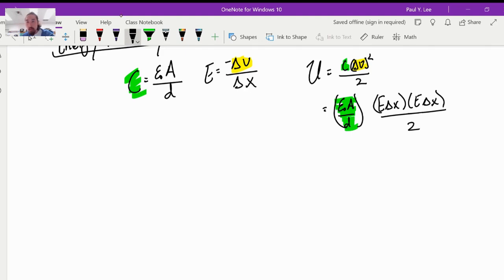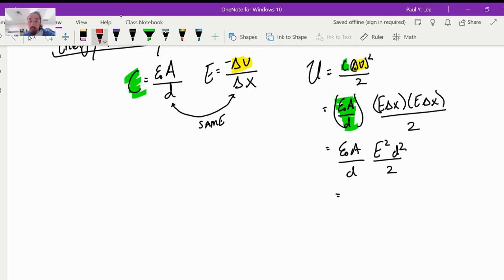All right, so let's clean this up a little bit. So we get epsilon naught A over D, and then here we have E squared, and then we have delta X squared. But I just wanted to point out that this separation between the two plates and this delta X, these are the same thing. And so instead of writing delta X squared, I'm just going to write D squared, and the reason being, it makes our math a lot cleaner.